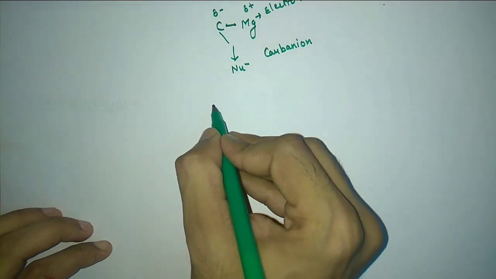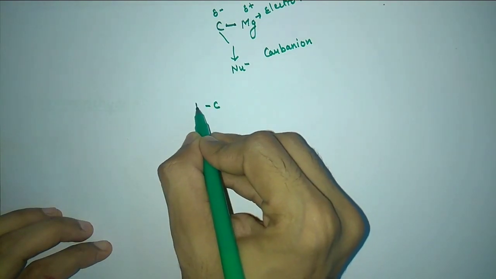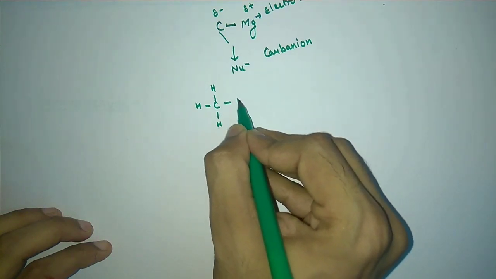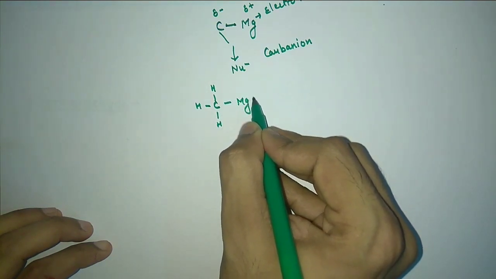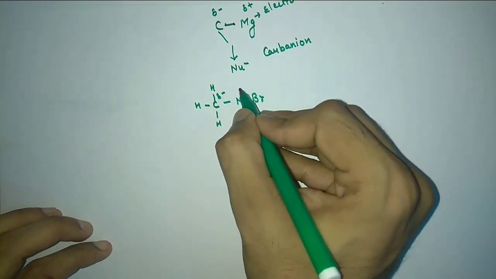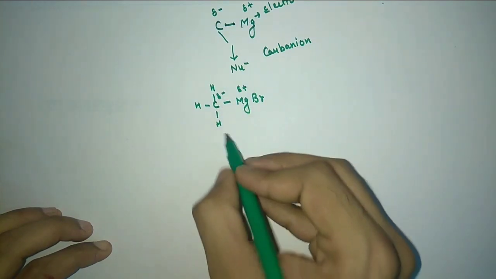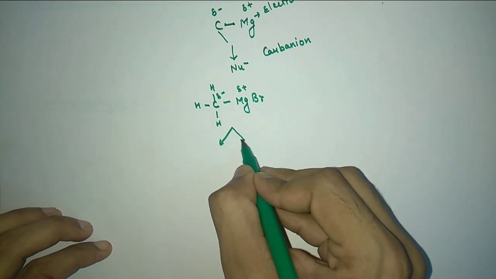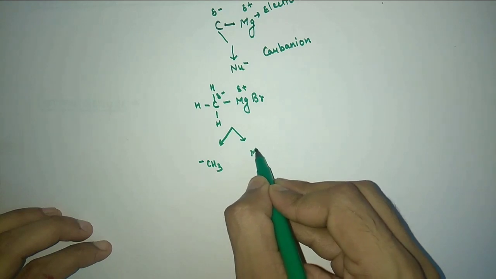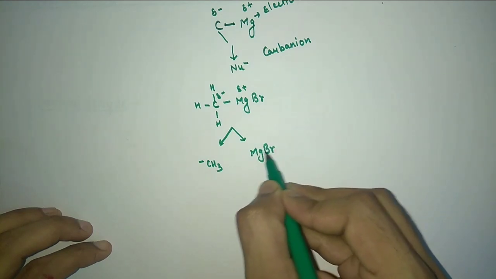Now let us suppose this is our Grignard reagent, MgBr. Here is the partial negative charge and here is the partial positive charge. It breaks in such a way that it forms a carbanion and this positive entity.